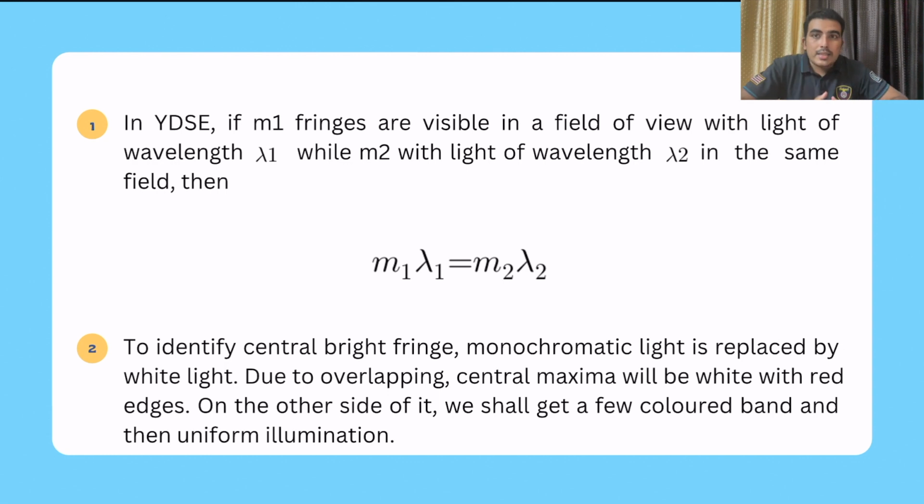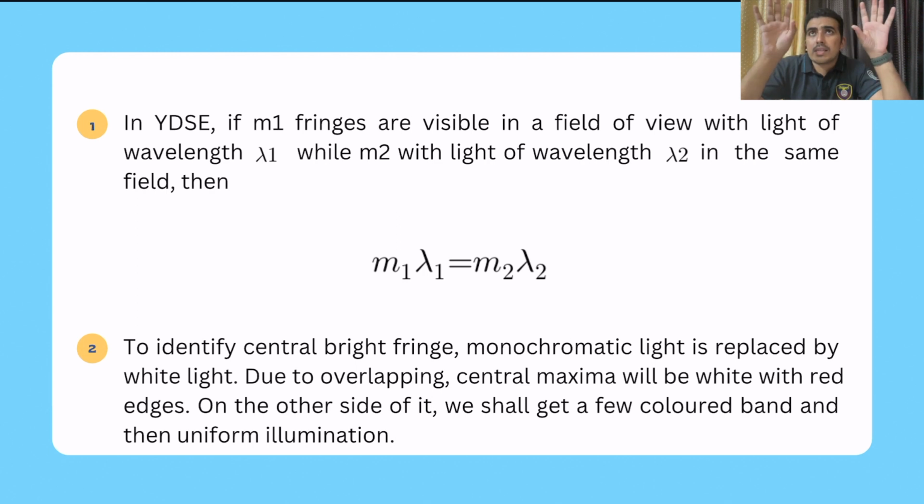Now, imagine a situation like this: the screen we are using is the same, the distance between slit and screen will be the same, and the distance between the slits is the same. Imagine you are taking two different wavelengths, lambda 1 and lambda 2, and here we are going to find out the number of fringes formed.